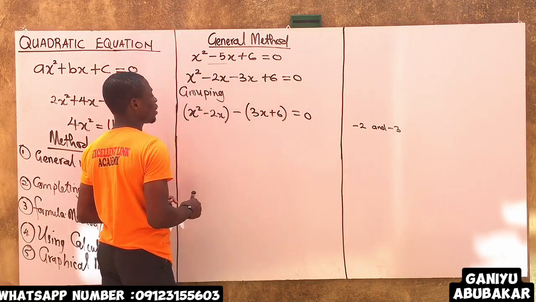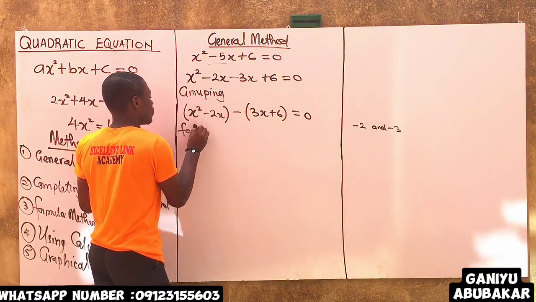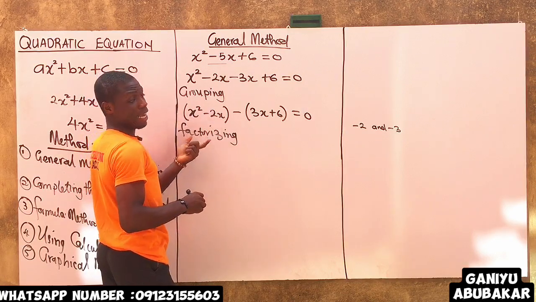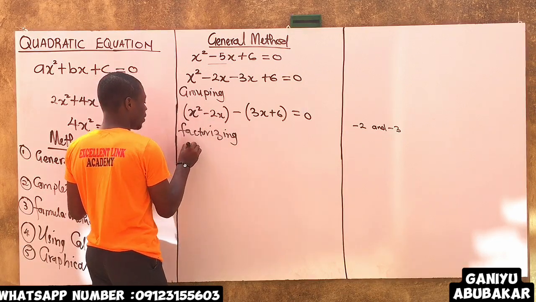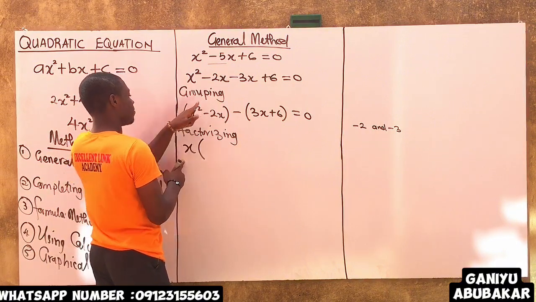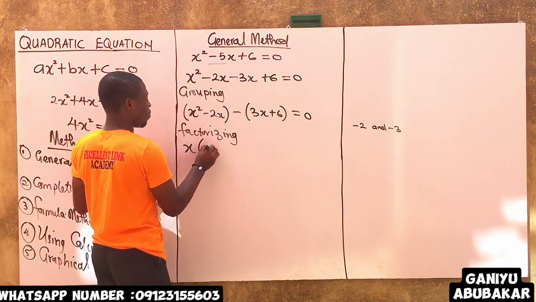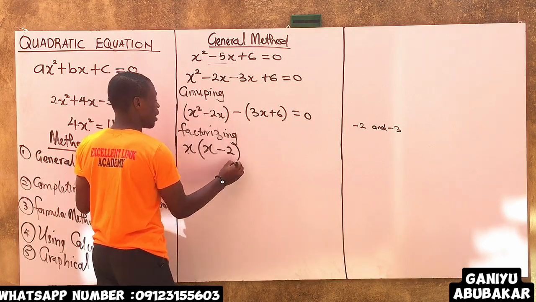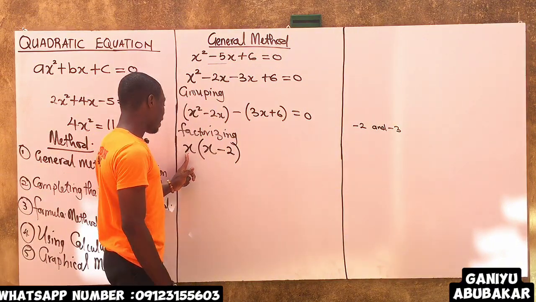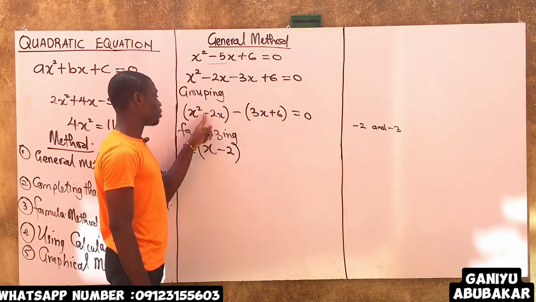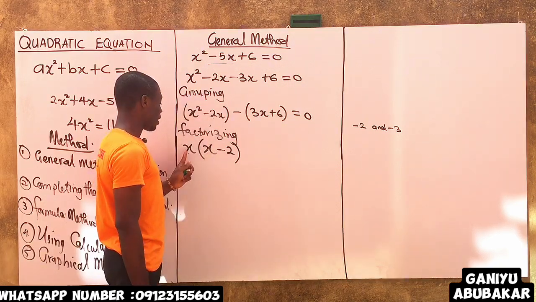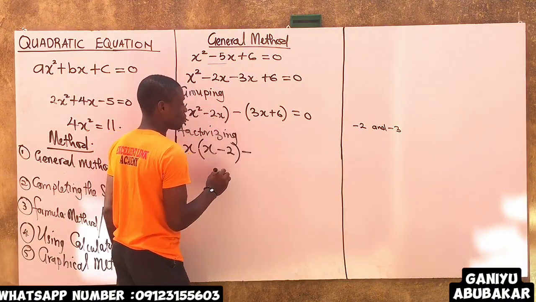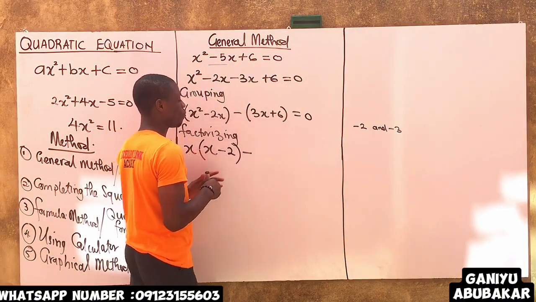From here, my next task is to factorize. What is common here? Obviously, x is common. Bring out x: x squared divided by x gives x, and minus 2x divided by x gives minus 2. So I have x times (x minus 2). Next, I have a minus, and the common term is 3.